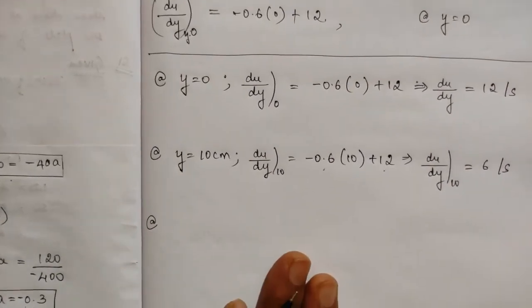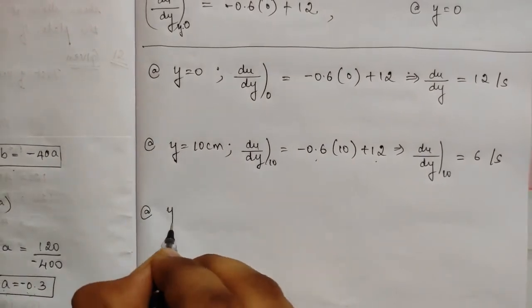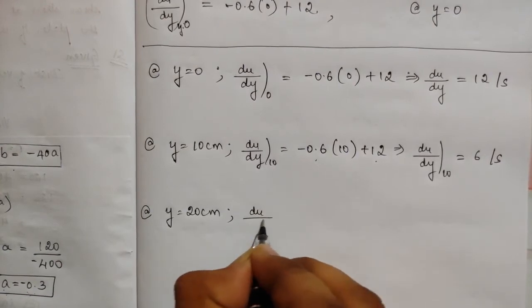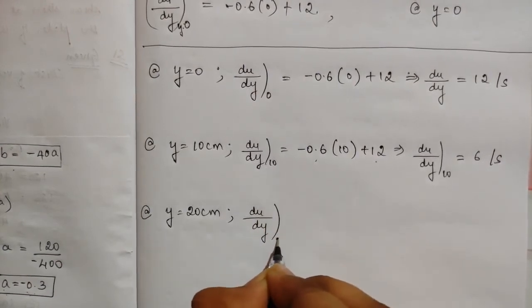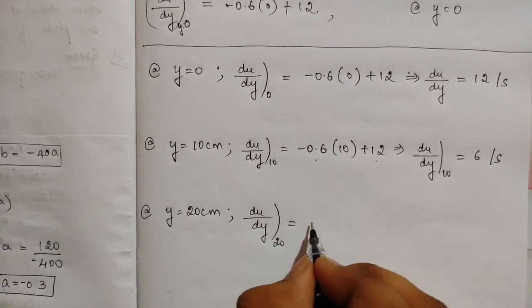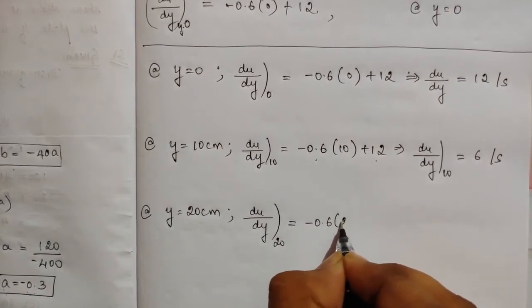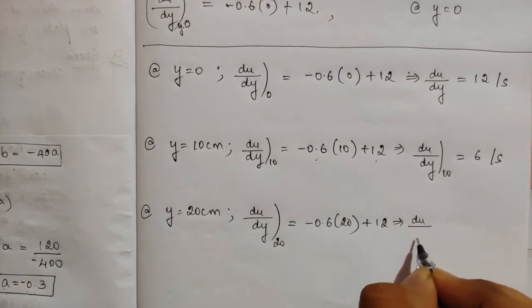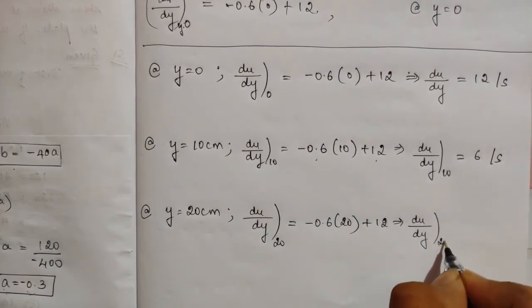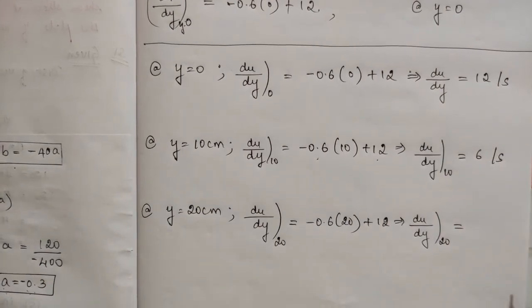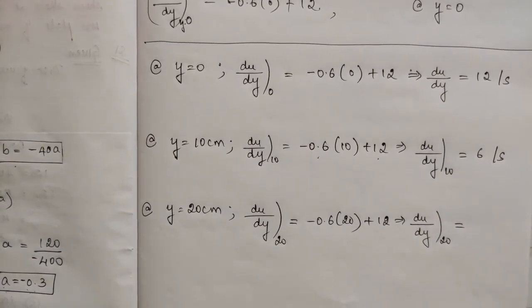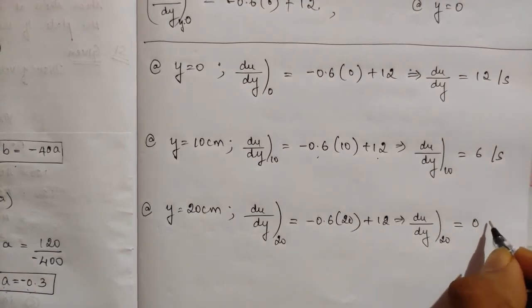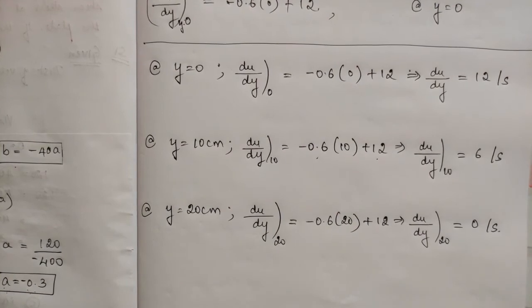Similarly, at y is equal to 20 centimeter, du by dy at 20 would be 0.6 into 20 plus 12, that is minus 12 plus 12, which will be 0 per second.